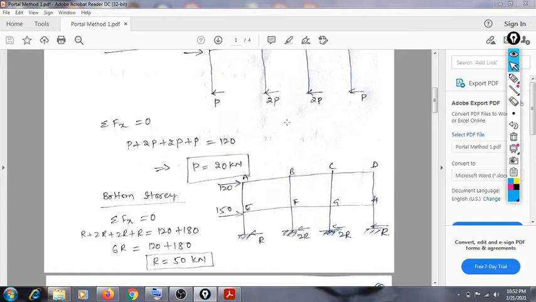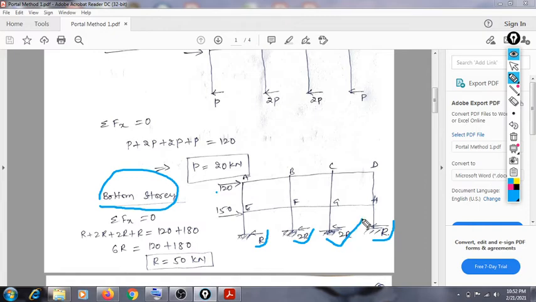So we get P, and in the same manner, when you consider the bottom story, sigma Fx is equal to 0, and you have to take the top story's load also into account. So what we get is R plus 2R plus 2R plus R. You have to consider this end column's force as R and this end column's force as R, and these two columns' forces as 2 times the end column, that is 2R and 2R.